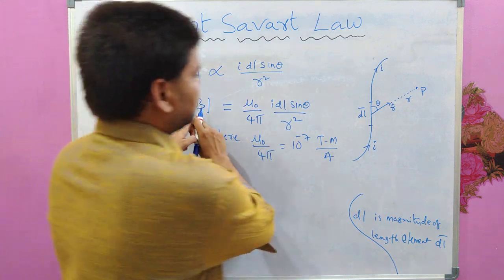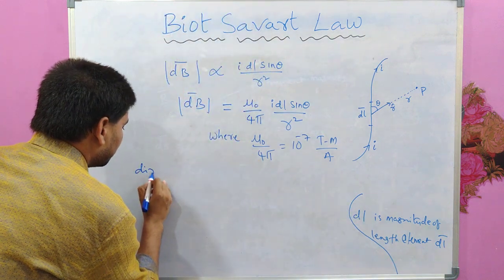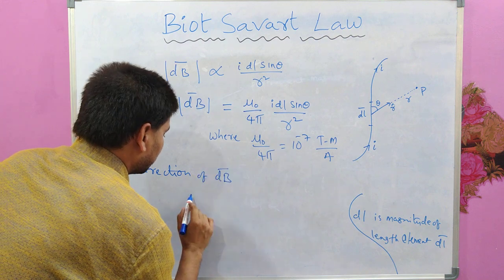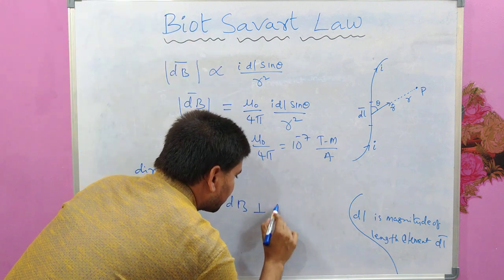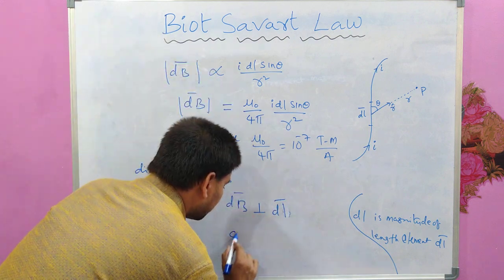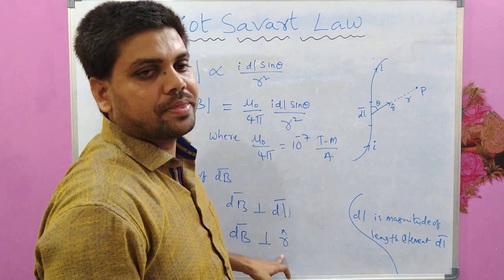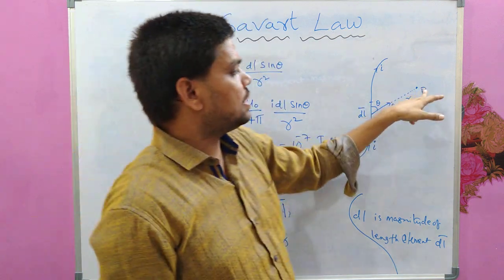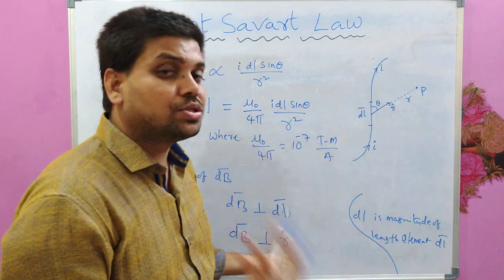The direction of this magnetic field produced at this point P would be: dB is perpendicular to this dl element as well as perpendicular to the unit vector directed from dl to P, which means that the magnetic field at this point P is proportional to dl and r cap both.